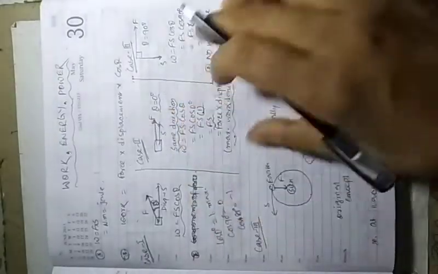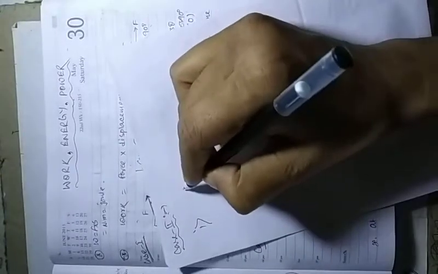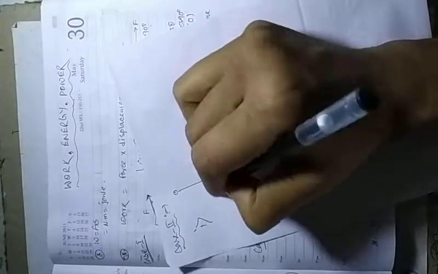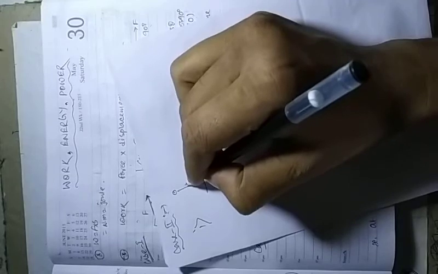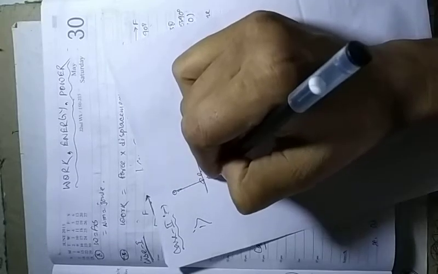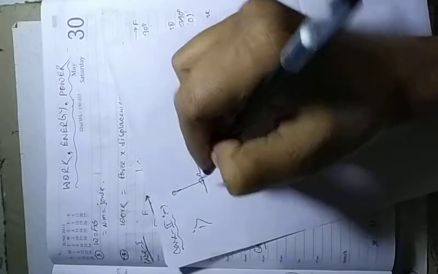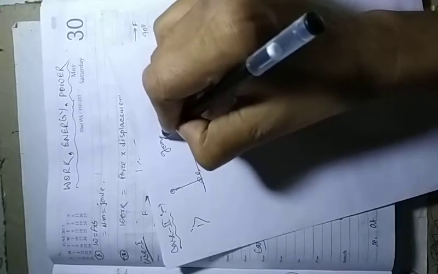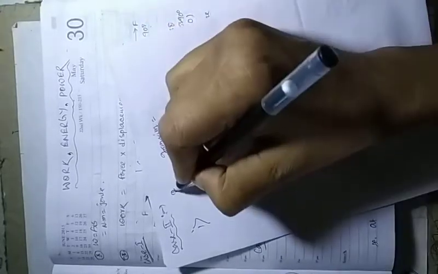Now students, we will take some examples from daily life where these types of cases appear. Case 2: when a body is free falling from A to the ground B, the work done by gravity is mass acting downwards, mg, and if the distance is h, it will be mgh.